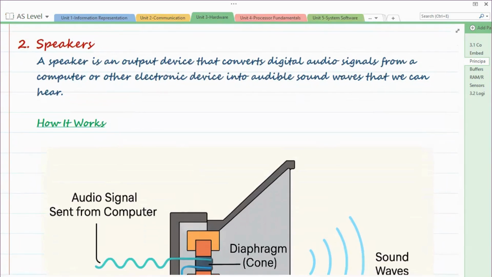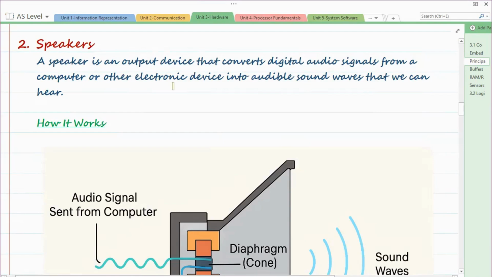Speakers. We are looking at one of the most common output devices, a speaker, which is an output device that converts digital audio signals from a computer or any other electronic device into audible sound waves that we can hear, right?